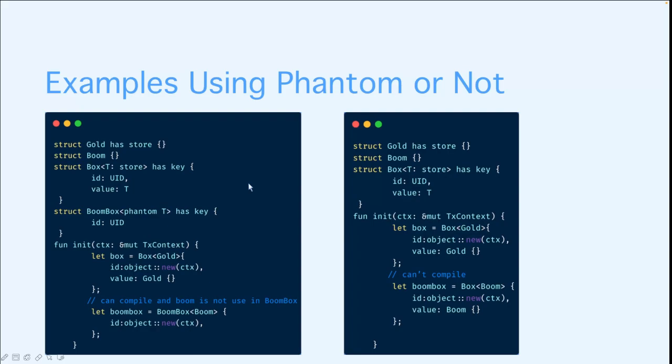If a type parameter is not part of the structure definition, or it is only used as a parameter of another phantom type, then T can be declared as a phantom type. So in our example, Boombox does not utilize the T type in its fields, making it safe to designate T as a phantom type. And for a more comprehensive understanding of the phantom keyword, you can consult the Move language documentation.